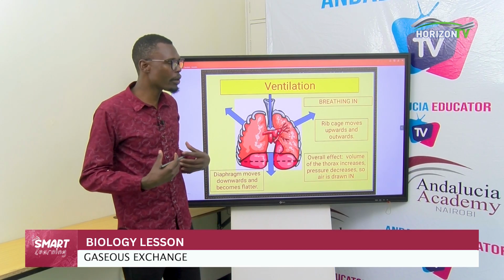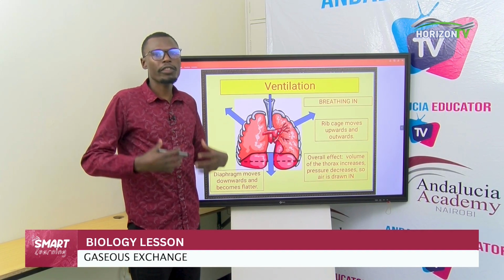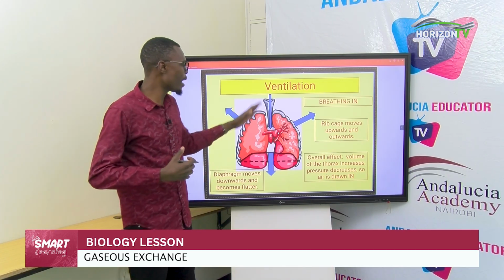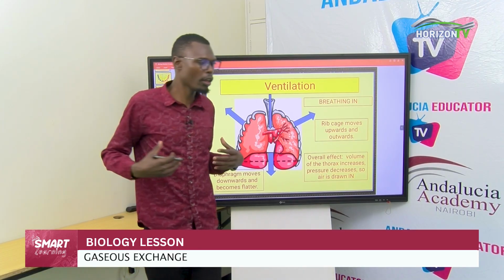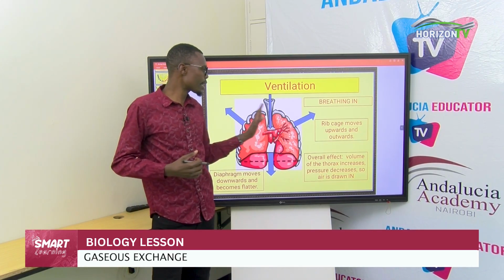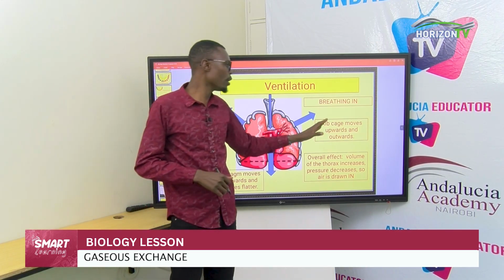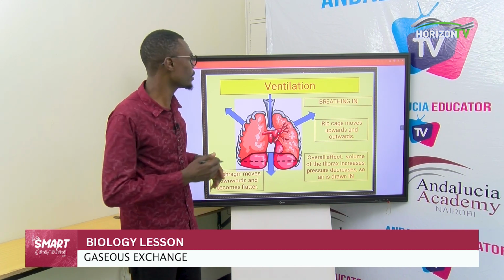If I try breathing in, I will feel the movement of the body. So in breathing in, there is movement of the thoracic cavity. In the thoracic cavity, we have the ribs that will move upwards and outwards during inhalation.